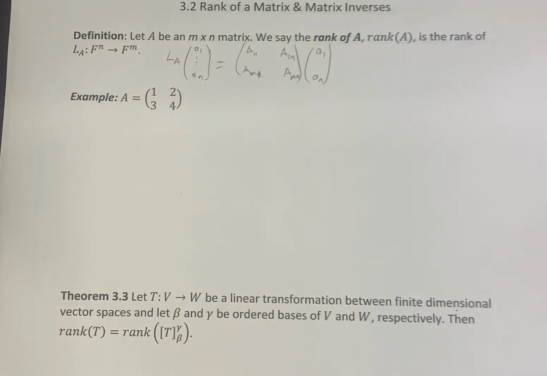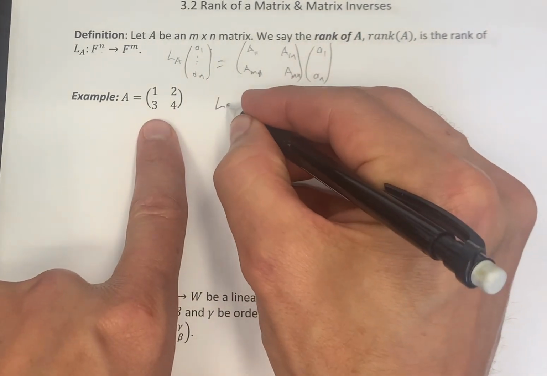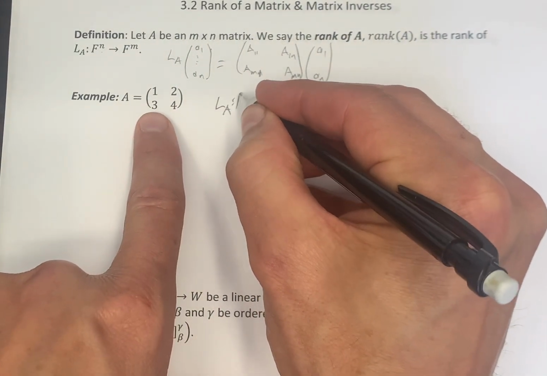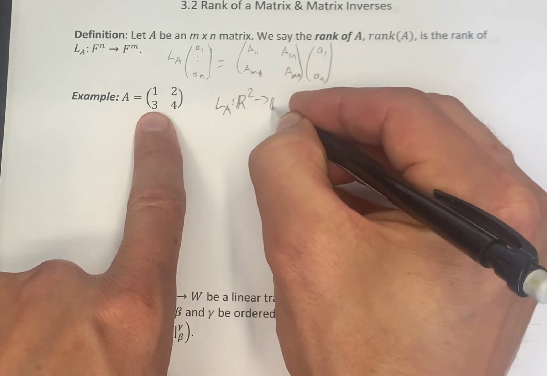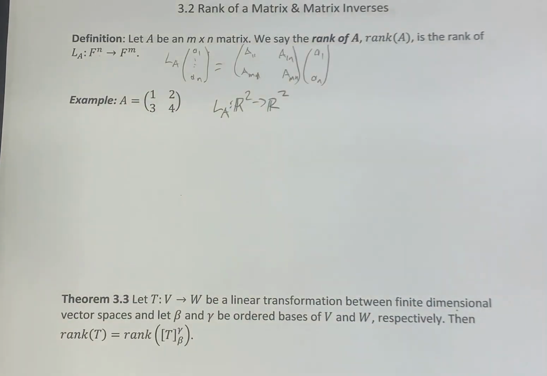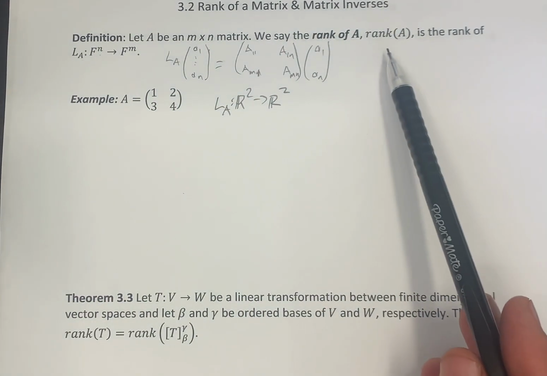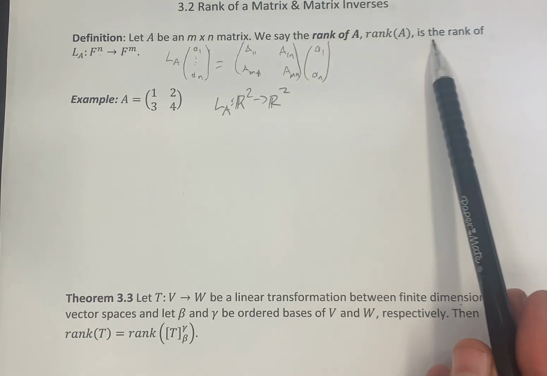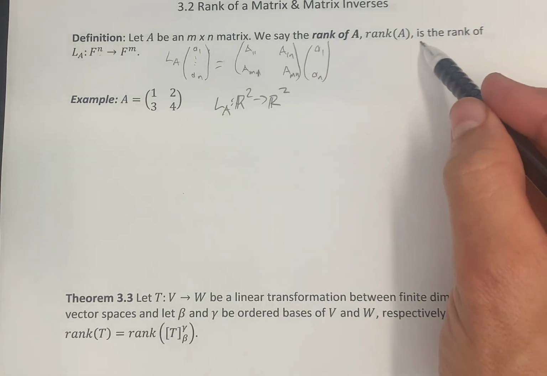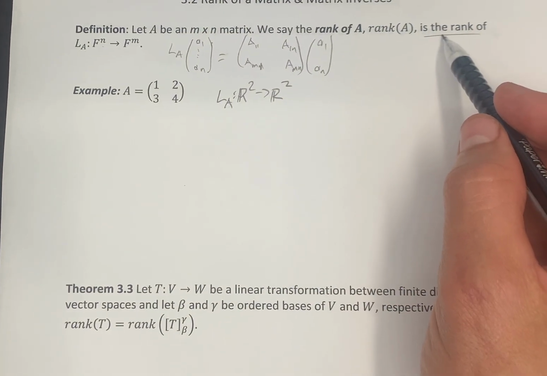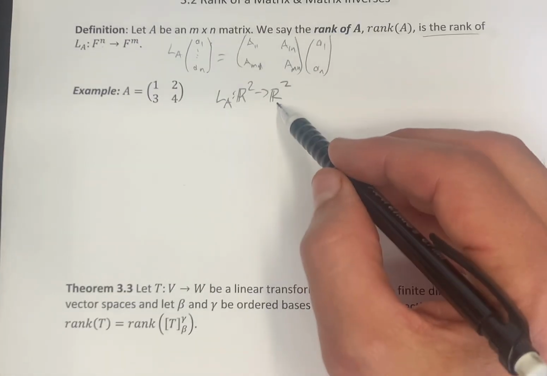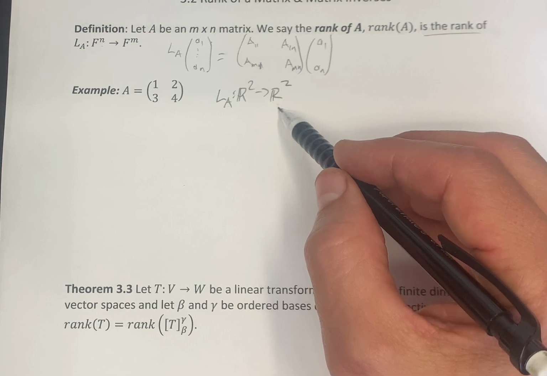So let's just do a quick example of something like that. L_A here is going from R^2 to R^2, right? And so if we're concerned about the rank of this left multiplication, remember, rank is the dimension of the range of this map, right?